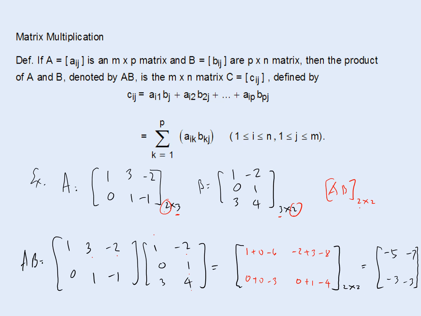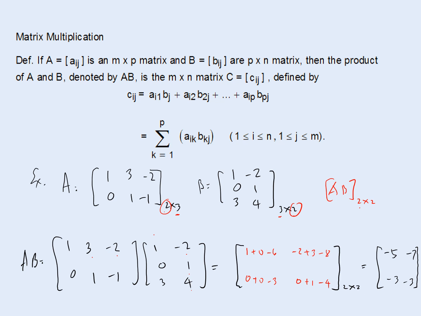So, in matrix multiplication, we start with the first row of A multiplied to each and every column of B. All the products are added together. So, first row of A, first column of B, the resulting sum will be the element C11.